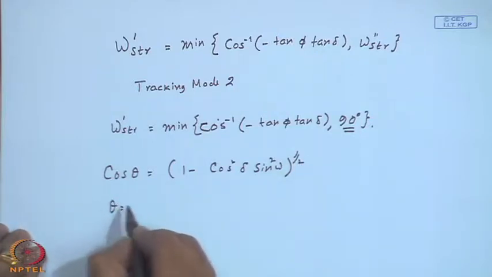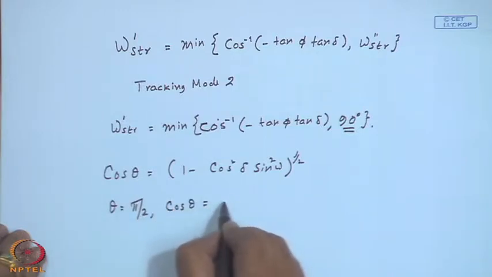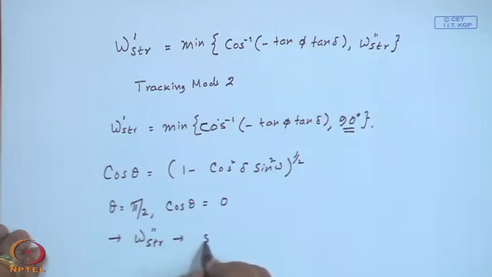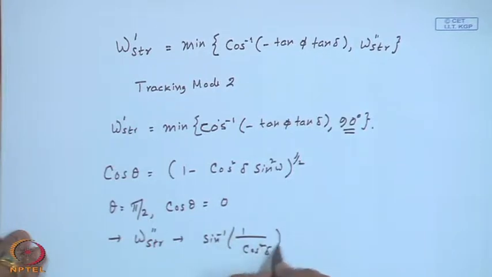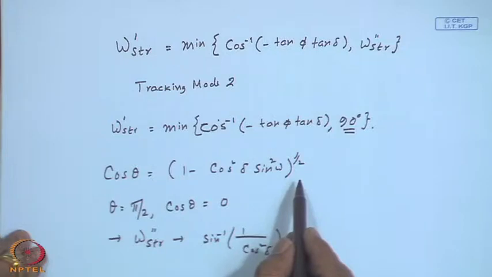So, if you put theta equal to pi by 2 and cos theta hence equal to 0, solve for omega S TR double prime. This will be something like sin inverse of 1 upon cos squared delta. Is it right? Or if this is 0, I can square it up, sin squared omega will be equal to 1 by cos squared delta.